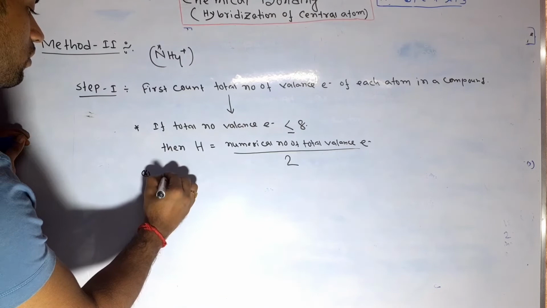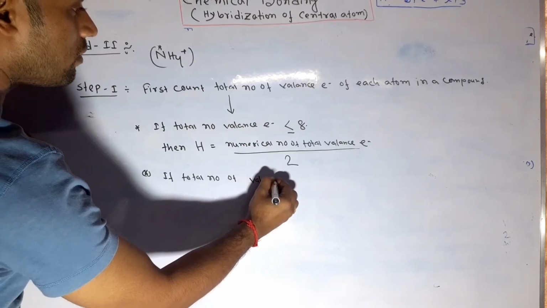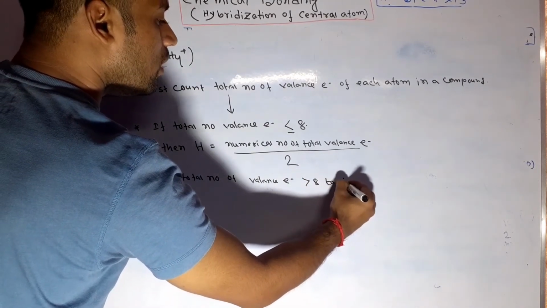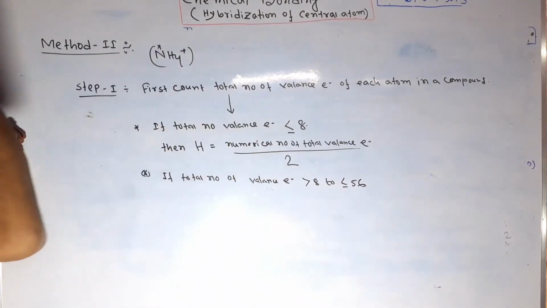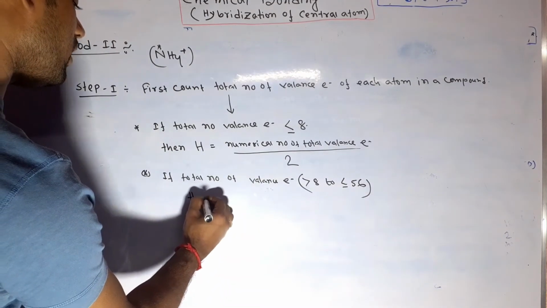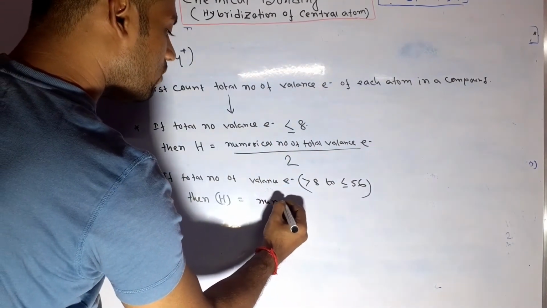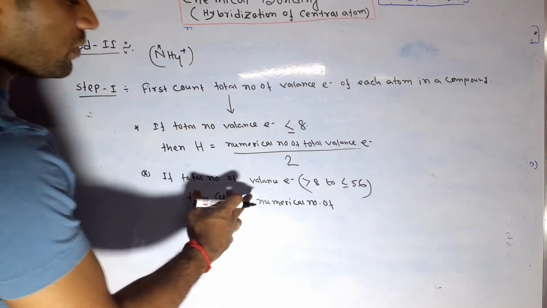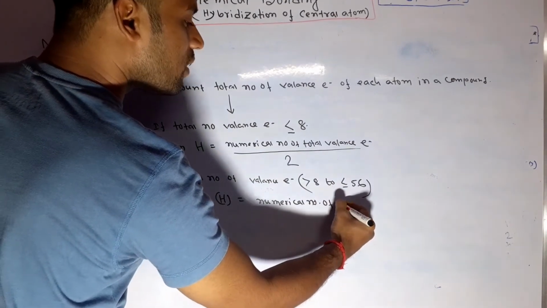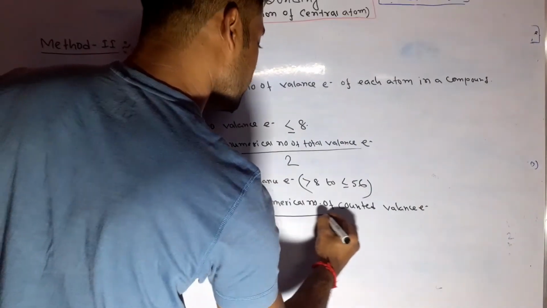Second, if the total number of valence electrons is greater than 8 and less than or equal to 56, then the hybridization number H is the counted valence electrons divided by 8.